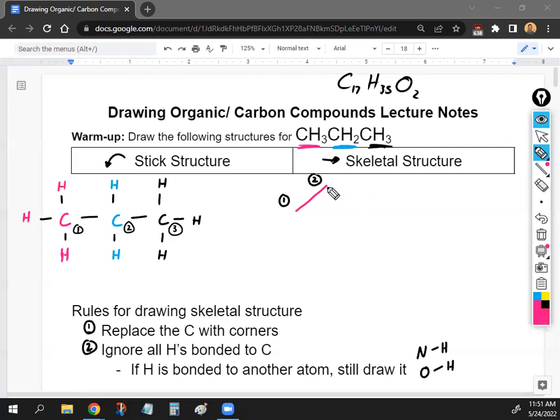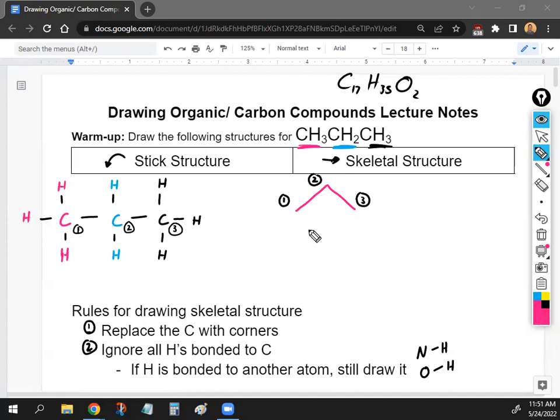And then last but not least, we just draw one more line to get another corner, and that's going to represent carbon number 3. So this big stick structure right here, we can draw it like this, and it's the exact same thing. Okay, it means the same thing. Okay, that's it. That's the skeletal structure for this molecule. A lot easier to draw this than to draw that.